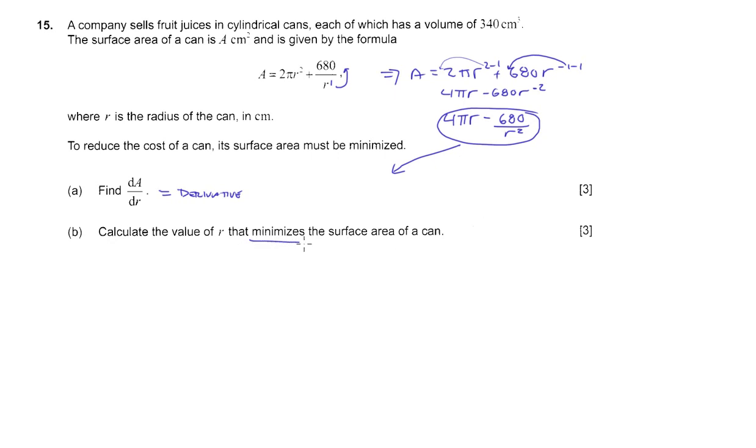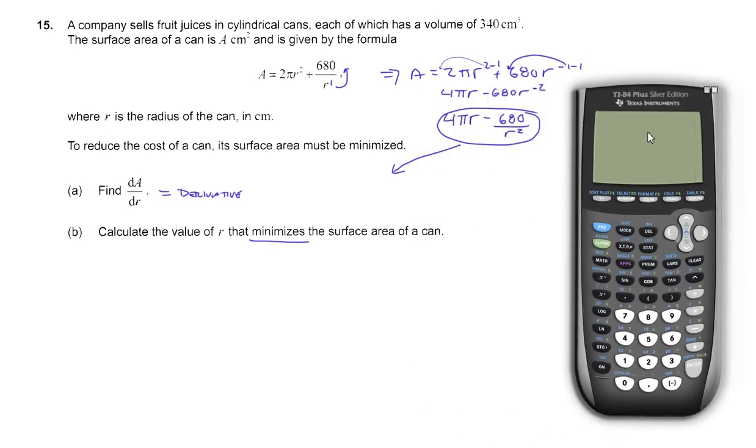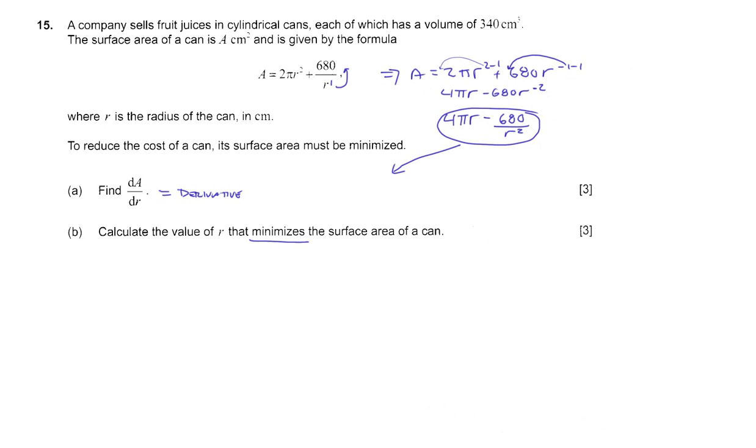So minimize the surface area. So a couple ways we can do that. We can take this and set the derivative equal to 0 and solve it, or I'm going to suggest finding the minimum on our graphing calculator, right? So let's try that out.